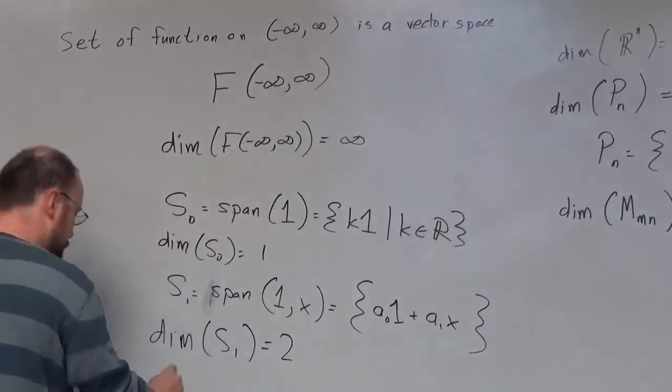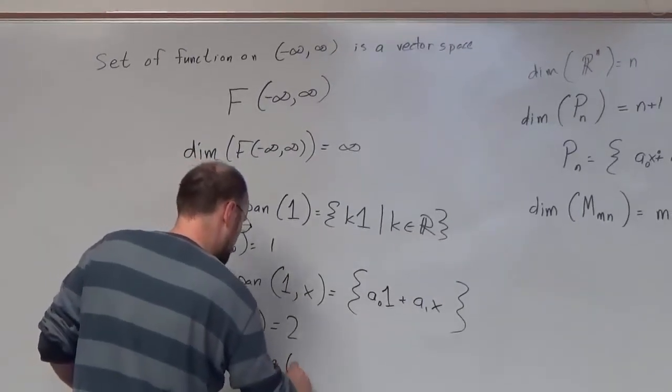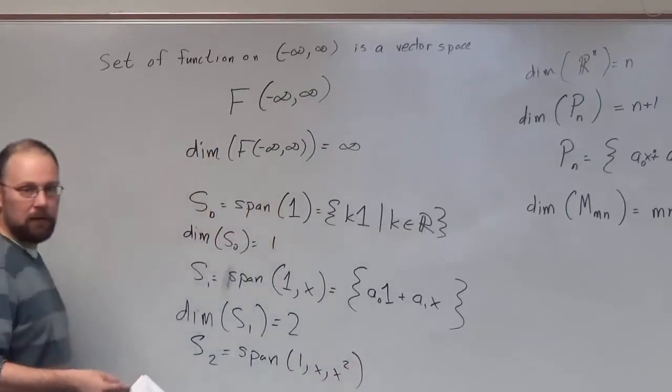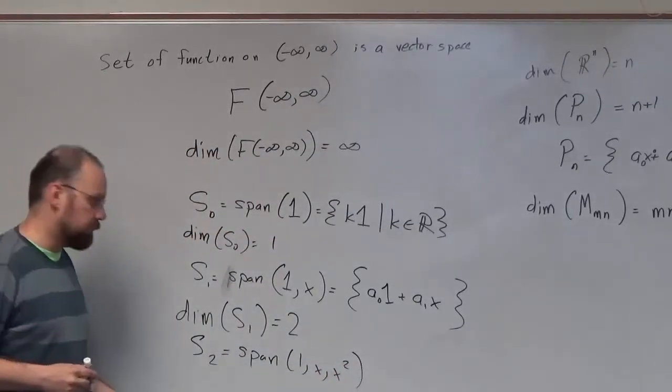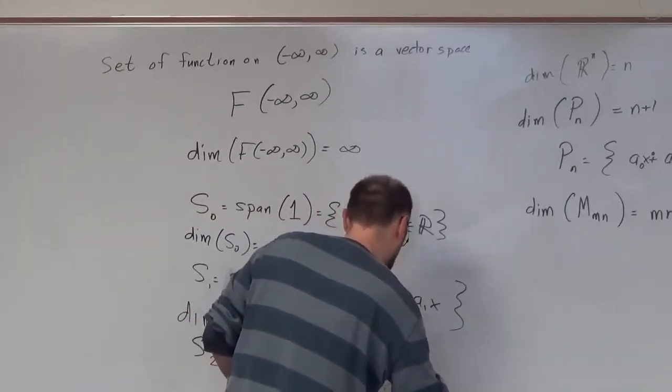And so you can see how this just keeps growing. If I consider the span of 1, x, and x squared, now I'm talking about the set of all quadratic polynomials, right? Polynomials of degree 2 or less. And so on.